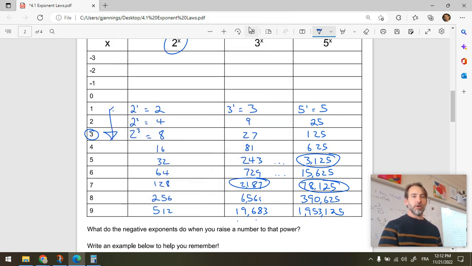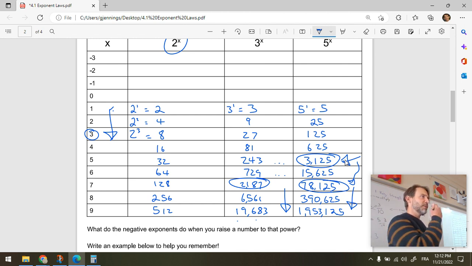Now, this is our table so far. I have circled where I run out of my memorization, so I have that one memorized, but I could do it in my head to there, and then I got bored and used a calculator on the way down. I'd like to memorize some more values. Maybe you have a few fewer values memorized, and that's okay. We'll work on it over the course of the unit.